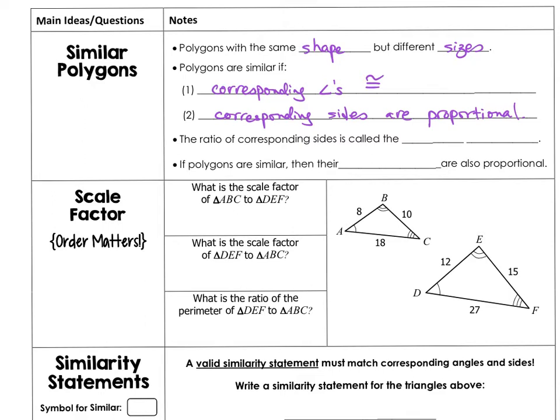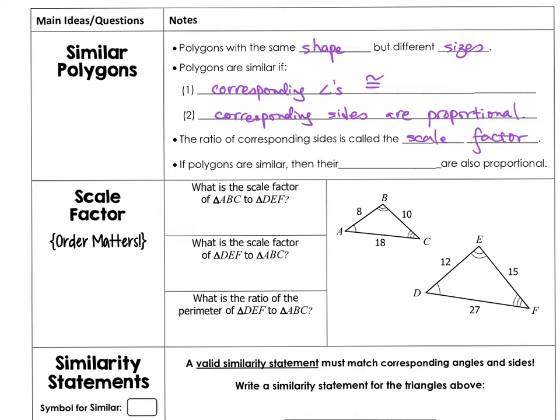The ratio of corresponding sides is called the scale factor, which is a really important concept. If you are going to become an architect or do home improvement projects, the scale factor becomes very important because you can't draw a house as big as a house or a building as big as a building.